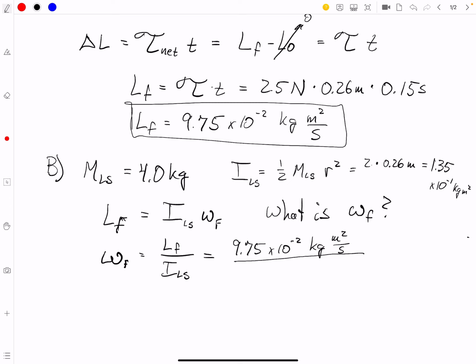So we'll put that down here, 1.35 times 10 to the minus 1 kilogram meters squared. And if you notice, this and this cancel, leaving us with the ghost of radians over seconds. Awesome.